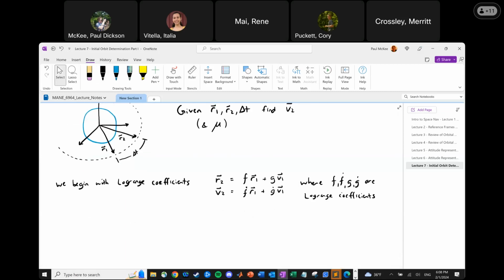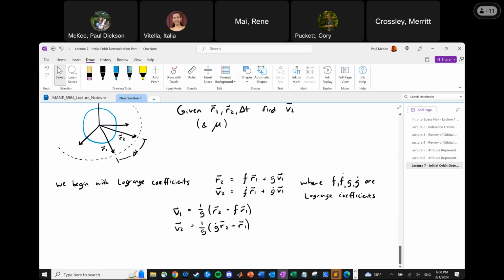So we can actually rework things. We can say, okay, V1, velocity 1, is 1 over G, R2 minus F R1. And V2, which is kind of the one that we're after, is 1 over G, G dot R2 minus R1.